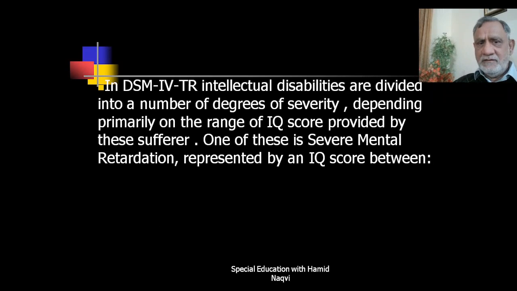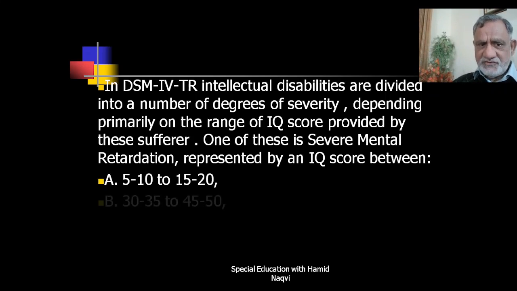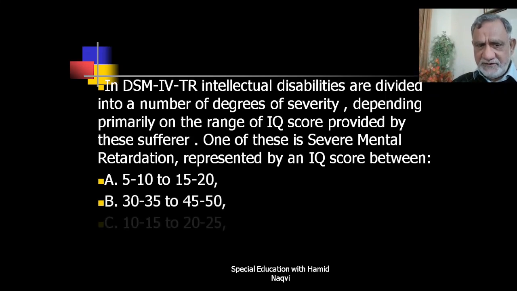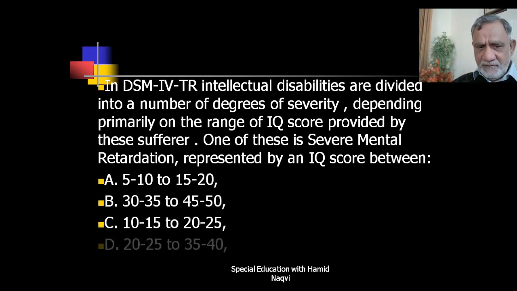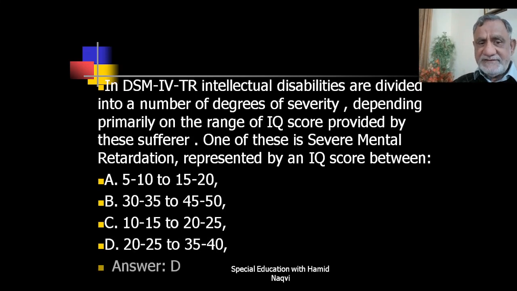Then again, what is the range of severe mental retardation represented by DSM? Which is the range of severe mental retardation? The correct answer is D. That is severe mental retardation is 20-25 to 35-40.